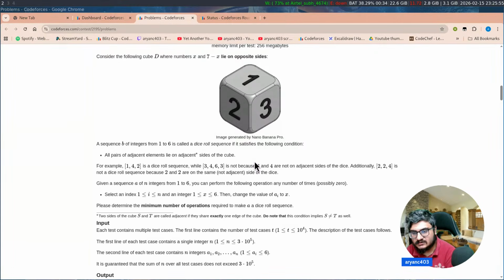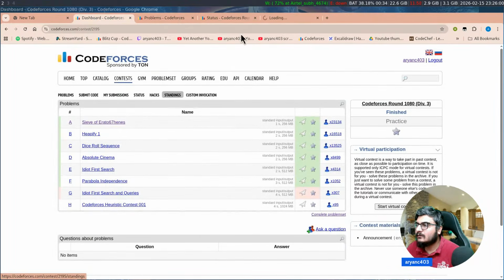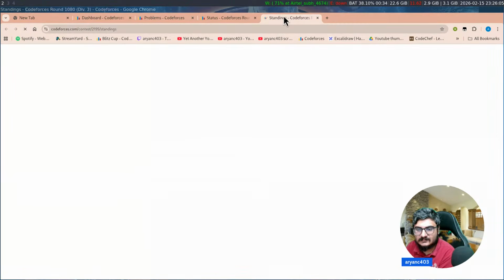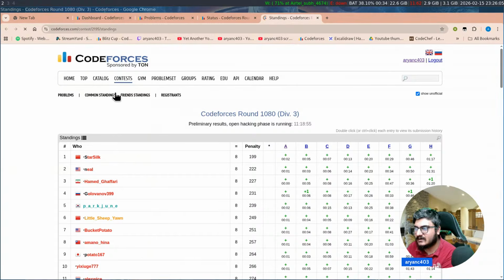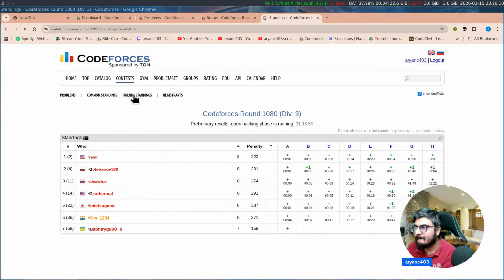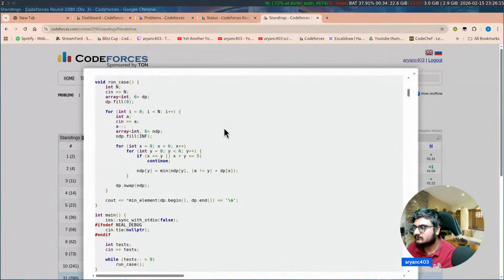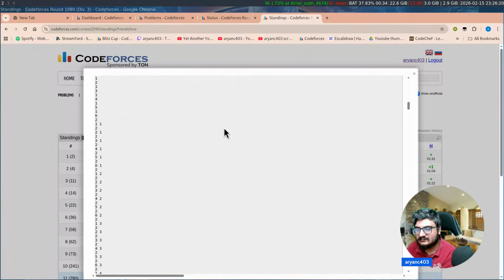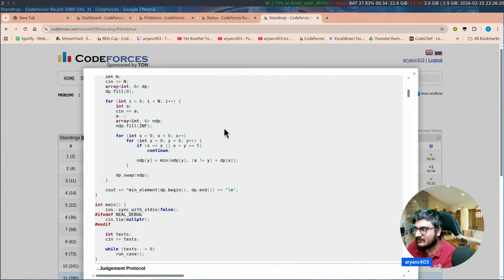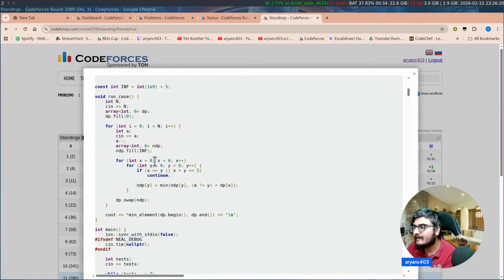Okay, just do changes by 2. Changes by 2, you mean the number of pairs that are not adjacent? I did DP in the contest, but okay, Neil has DP.